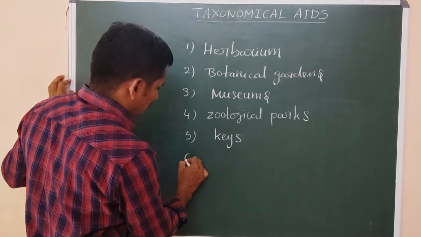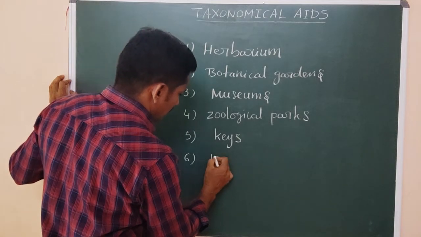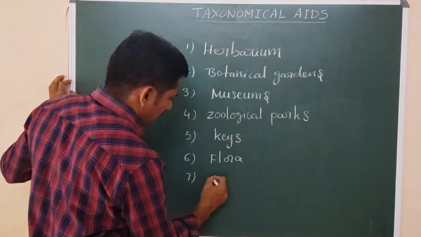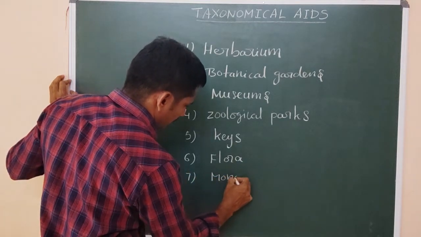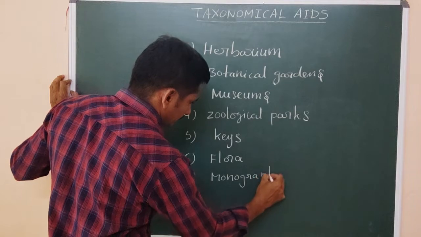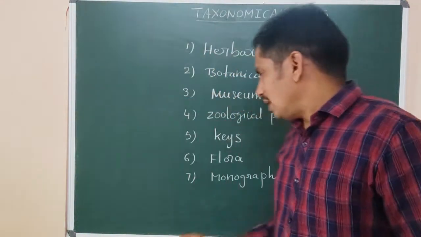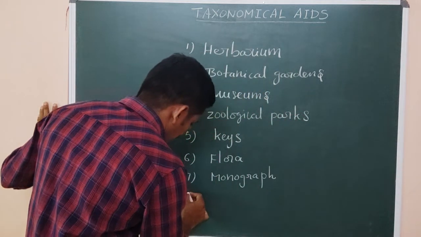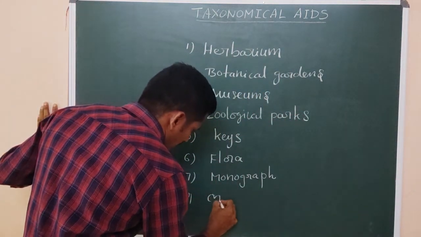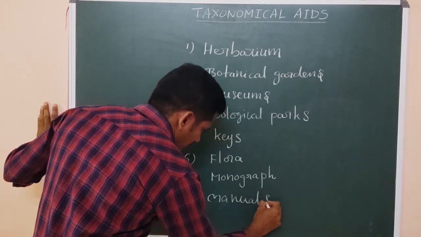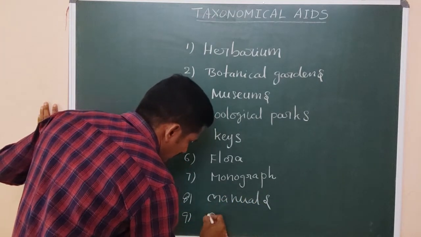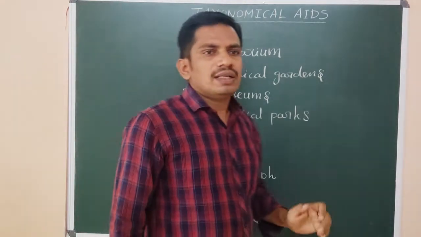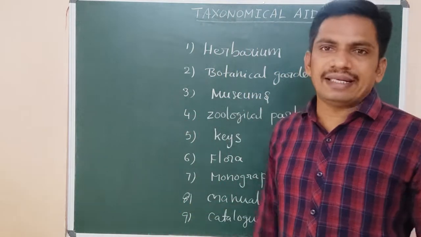And the sixth one is flora. And the seventh one is monograph, and the next one is manuals. Next, the ninth one is catalogs. These are the taxonomical aids.